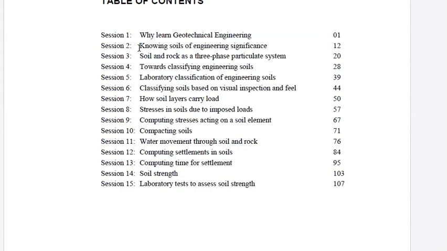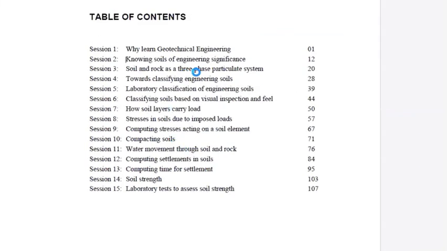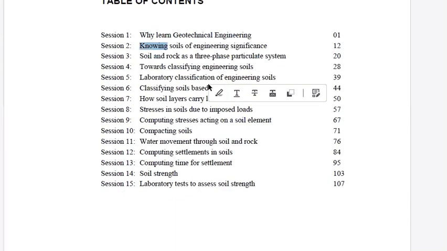Knowing soils of engineering significance, it is important that you go through this section. Then there is a section called soil and rock as a three-phase particulated system. Then the section is towards specifying engineering soils. Okay, that is page number 28.